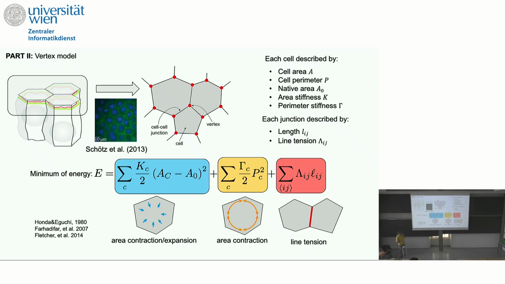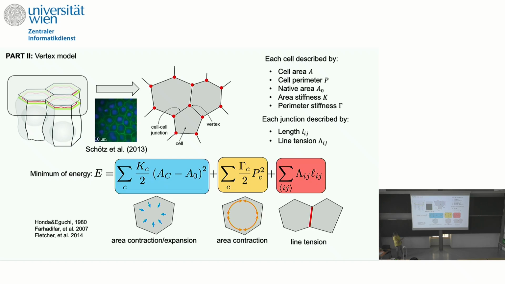So I have pictorially a mechanical energy that looks something like this. If I specify the native areas and all of these parameters, I can minimize this energy with respect to the position of the vertices to get the configuration of the cells.